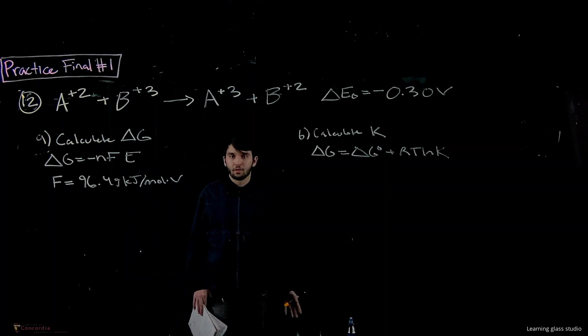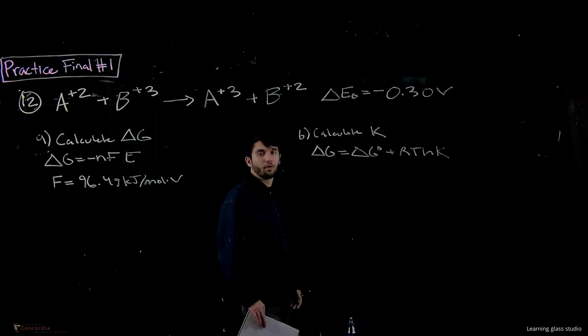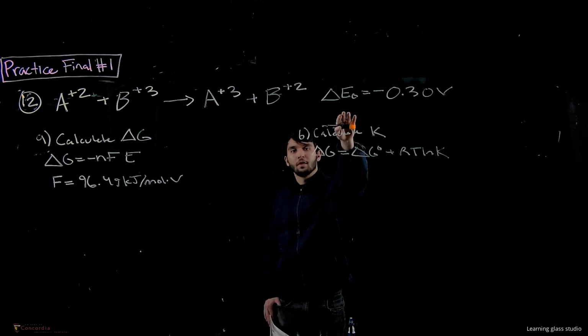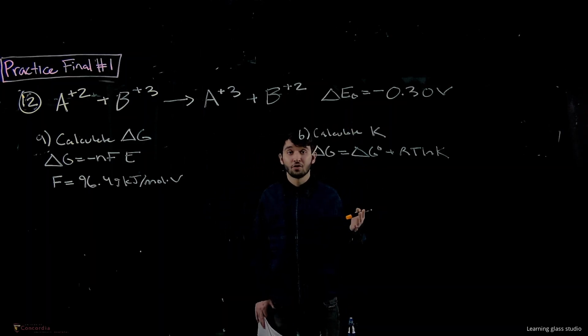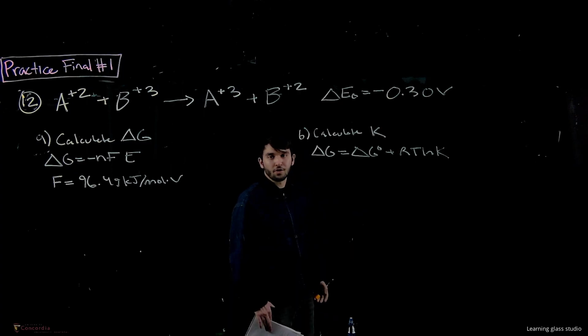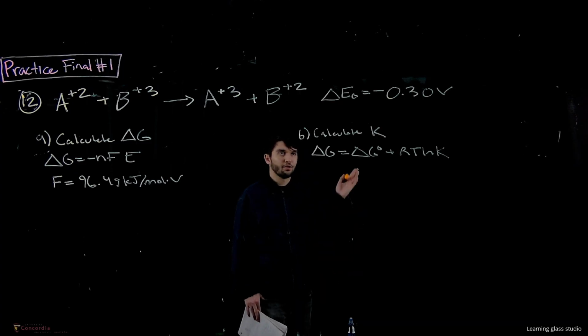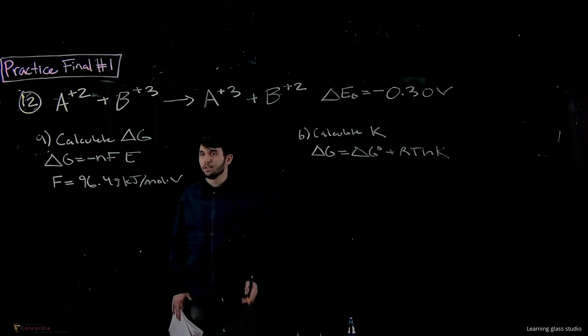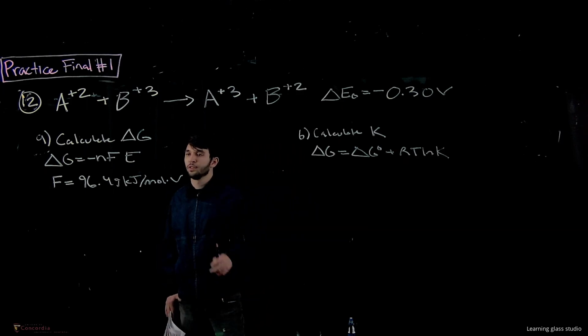So the first thing we want to do is calculate the change in free energy, the delta G, for the reaction. To do that, we need the cell potential, the electric cell potential here, the delta E, okay? And this is just the difference in standard reduction potentials, but you don't need to calculate that here. We just know that the difference is negative 0.3 volts. Okay, so to calculate delta G, we use this equation, delta G equals negative NFE.